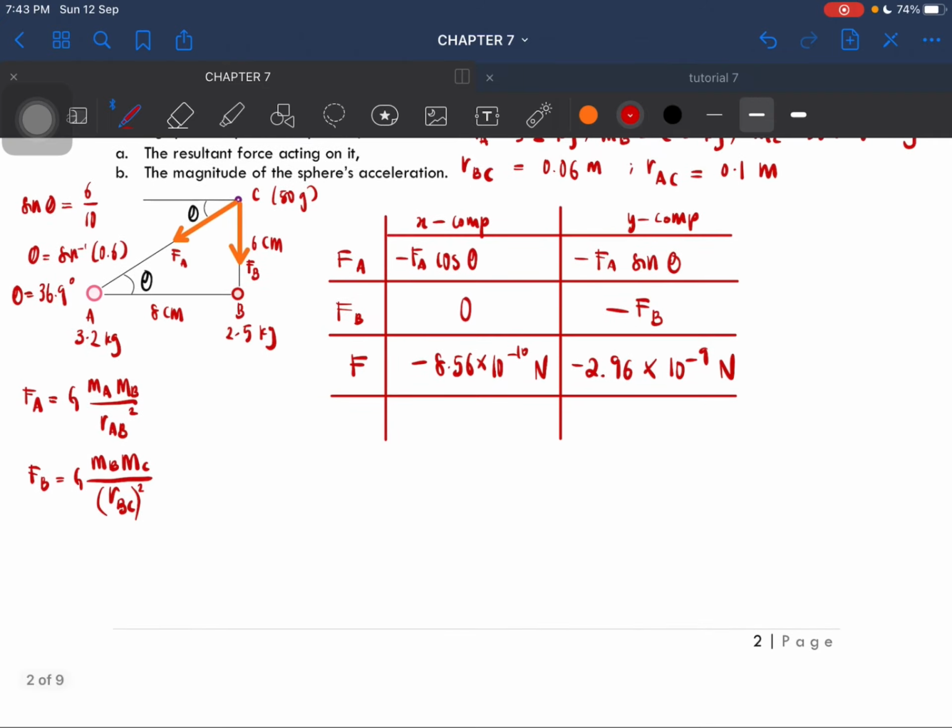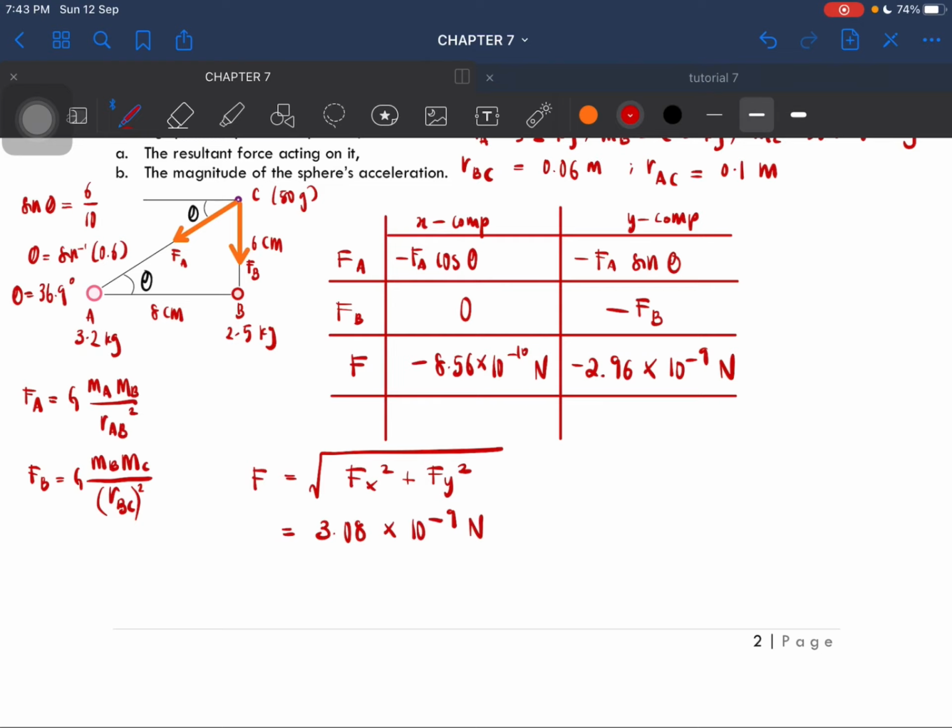After that, we can find the resultant force, which is the square root of Fx square plus Fy square. You should get the value of 3.08 times 10 to the power of negative 9 Newton.